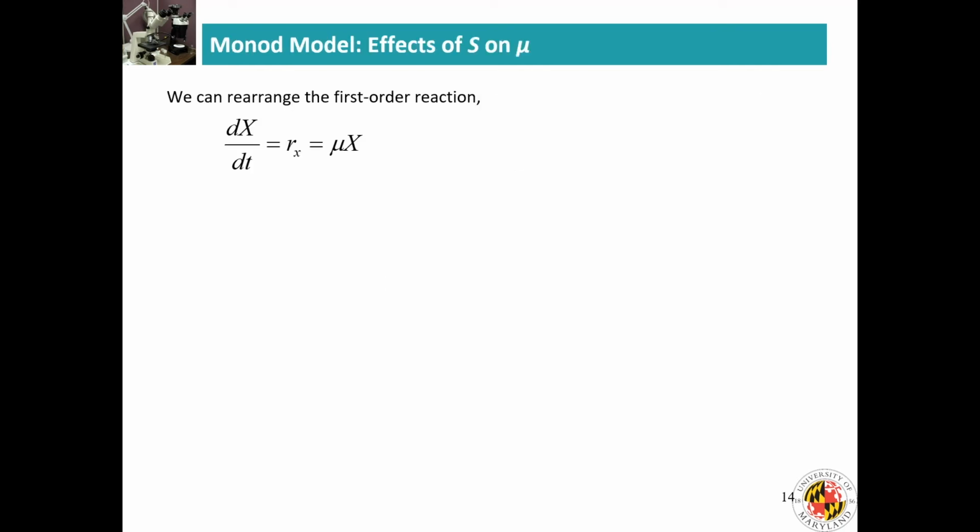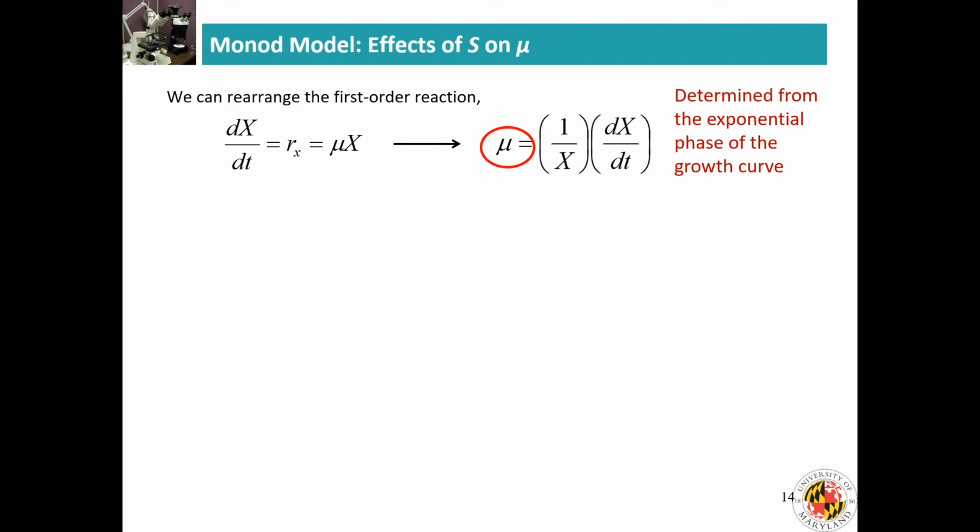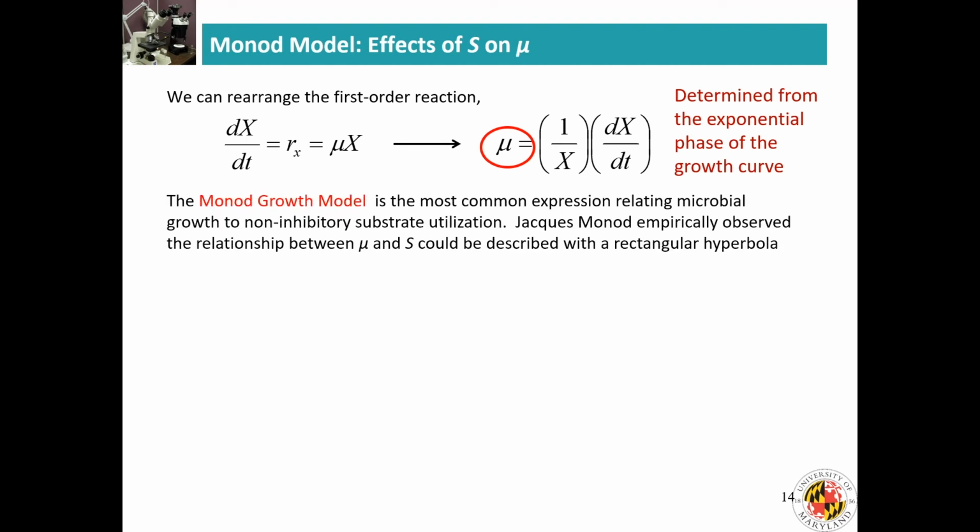So this is the first order reaction that we had from before in a batch system. And we can rearrange the equation to calculate mu. But remember that we need continuous growth in the activated sludge for our wastewater treatment plant.